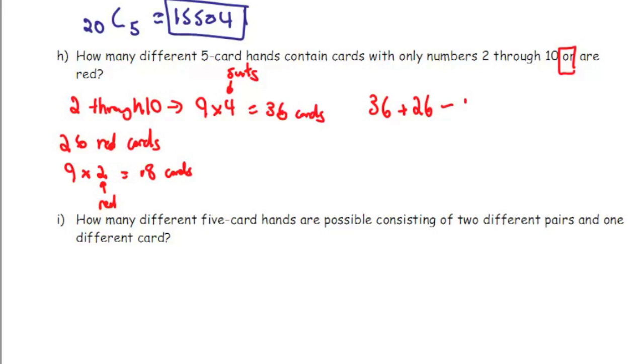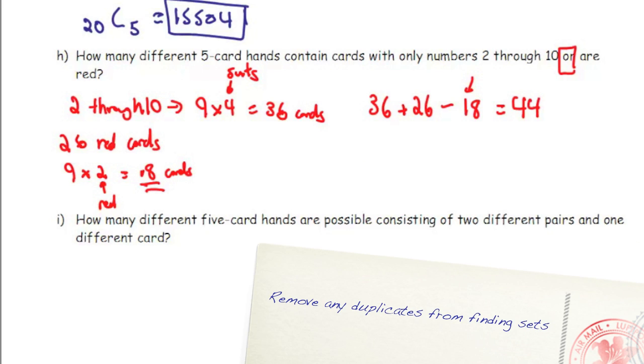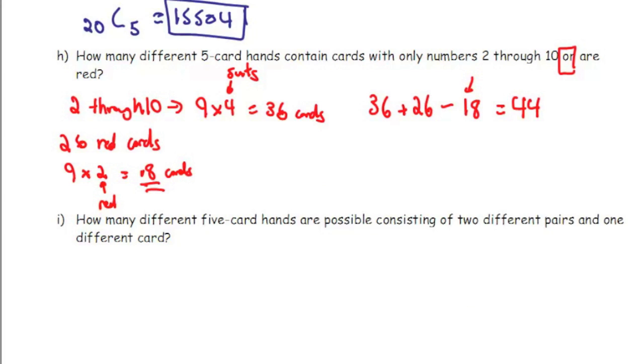Our original sum was we had 36 cards 2 through 10, and we have 26 cards that are red, but we want to get rid of the duplicates, the 18 of those 2 through 10 cards that are also red. So that's what this is here. This is the duplicates. We're getting rid of them, and that now is equal to 44 cards to choose from.